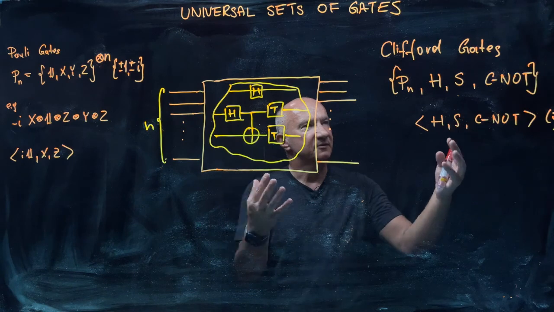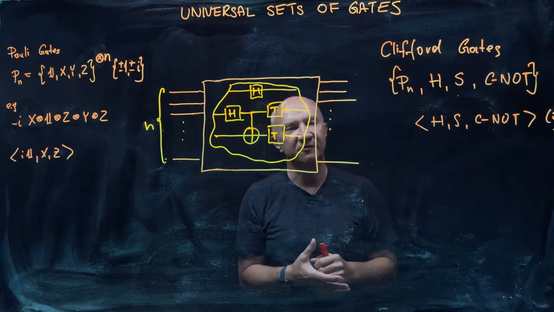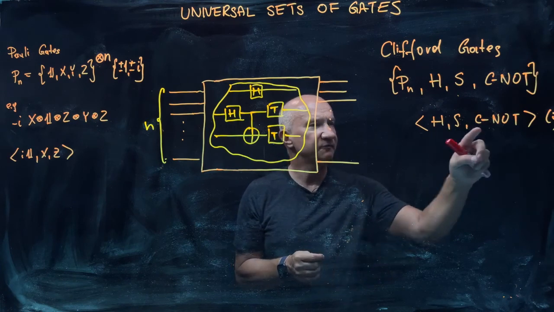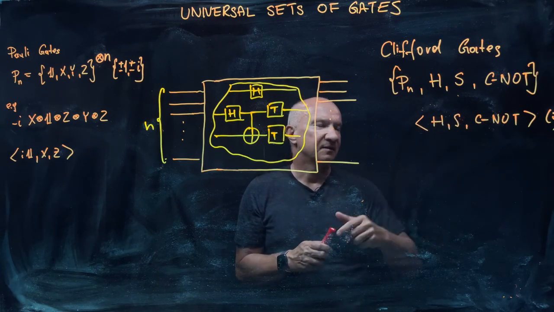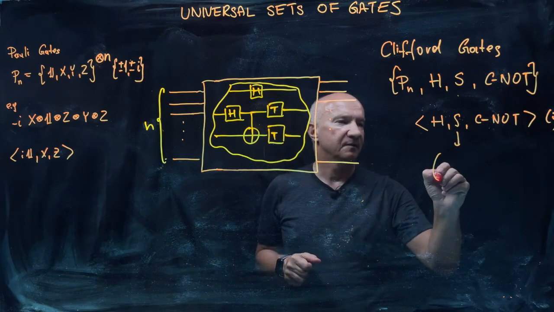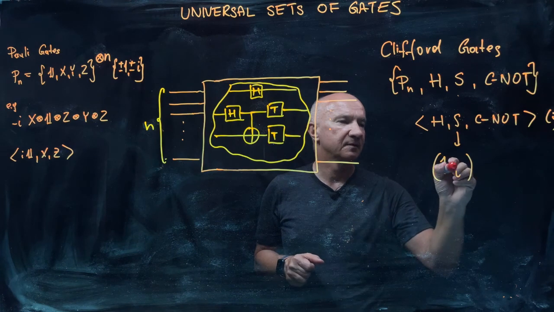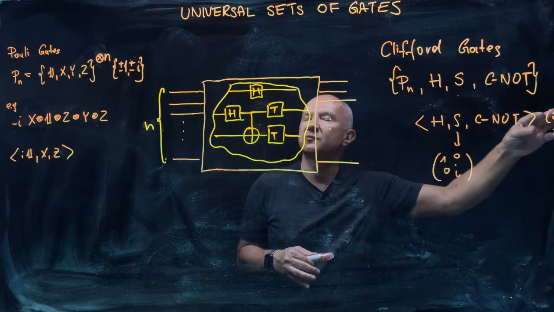And again you can see that this mathematical structure forms a group, which in fact can be generated by the Hadamard, the S gate, the phase gate, just to remind you that this is equal to diag(1, i), and CNOT with possible prefactor i.